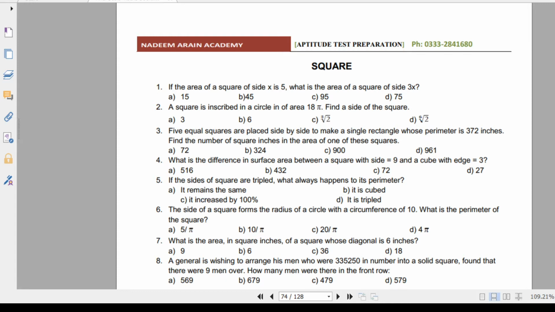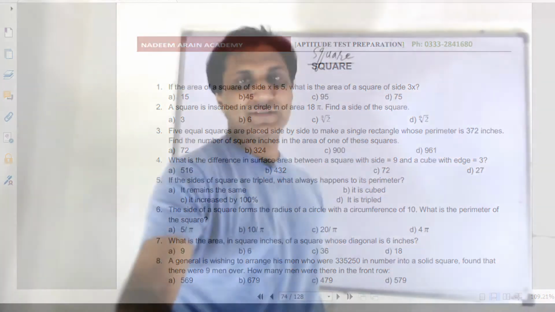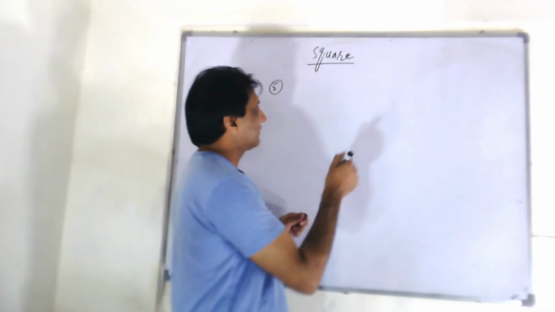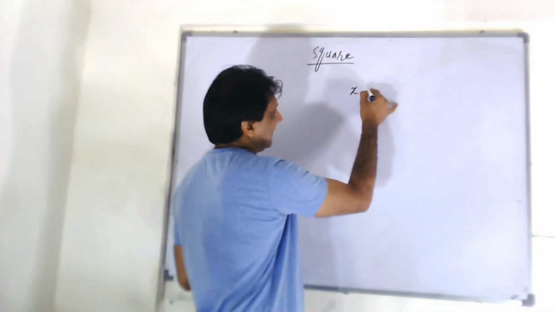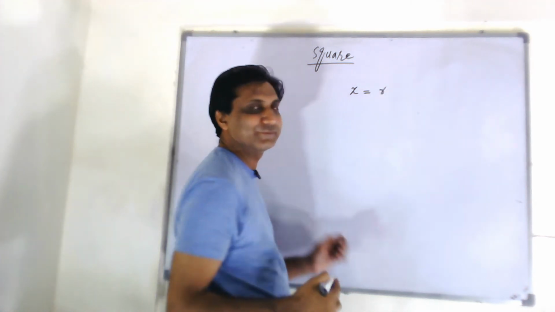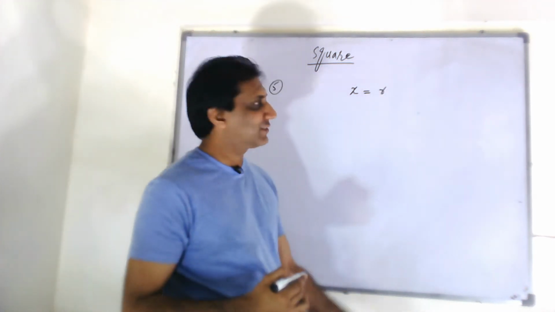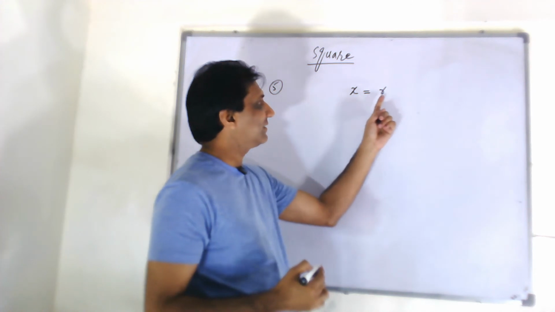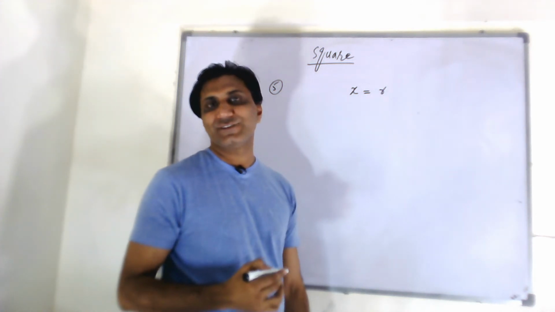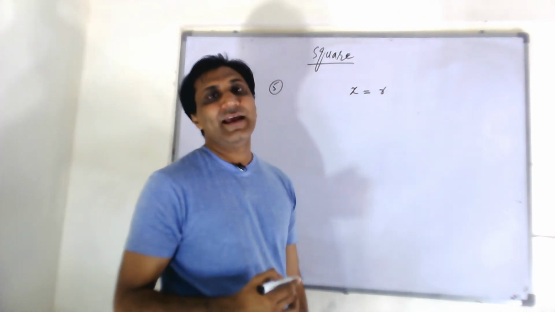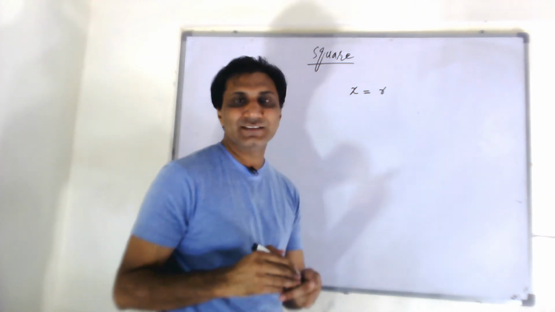Question number 6. The side of a square forms the radius of a circle with a circumference of 10. What is the perimeter of the square? So the side of the square is x and the radius of the circle is r. The side of the square is equal to the radius of the circle and the circumference is 10.